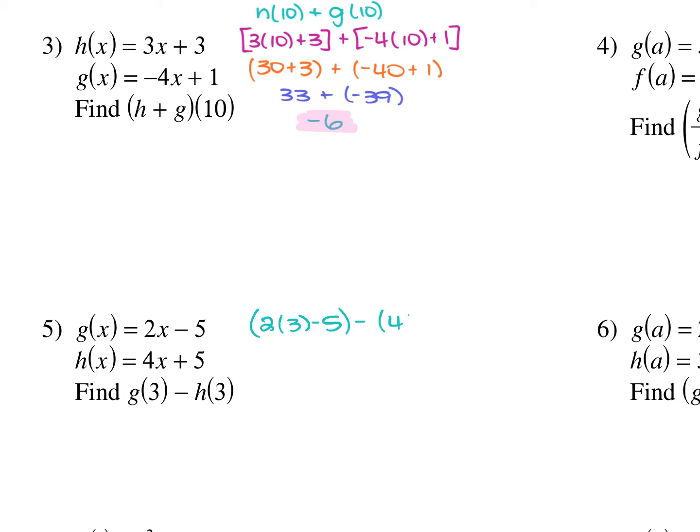That's going to give us 4 times 3 plus 5. The 2 times 3 is 6 minus 5. The 4 times 3 is 12 plus 5. The 6 minus 5 gives us 1. The 12 plus 5 is 17. And 1 minus 17 is negative 16.